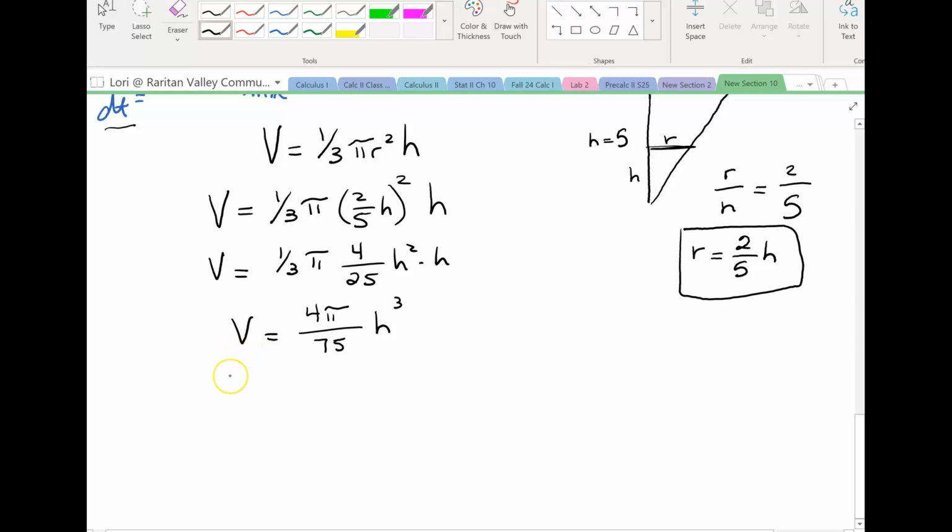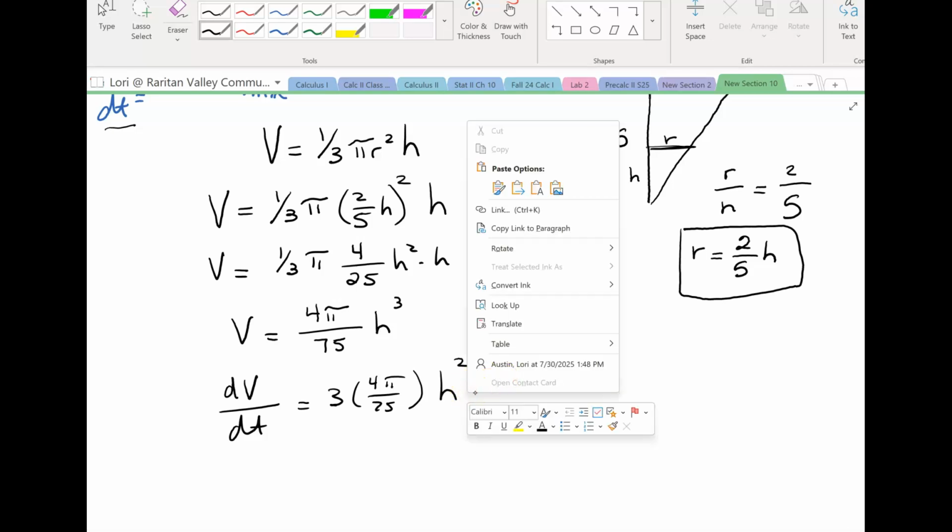Derivative of V, of course, is just 1 using our power rule, but we're differentiating with respect to t, so it's actually dV dt. You would bring the 3 out front because 4 pi over 75 is a coefficient of H cubed. So it's 3 times your 4 pi over 75 H squared using the power rule.